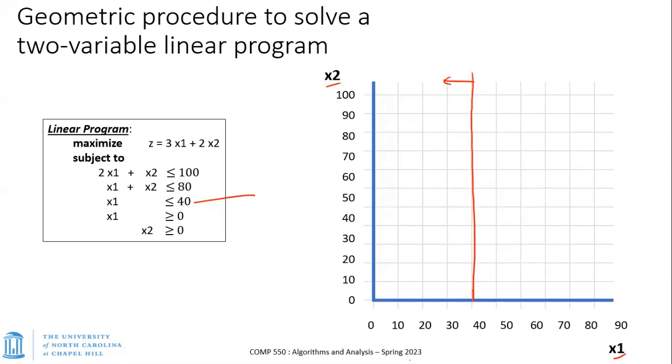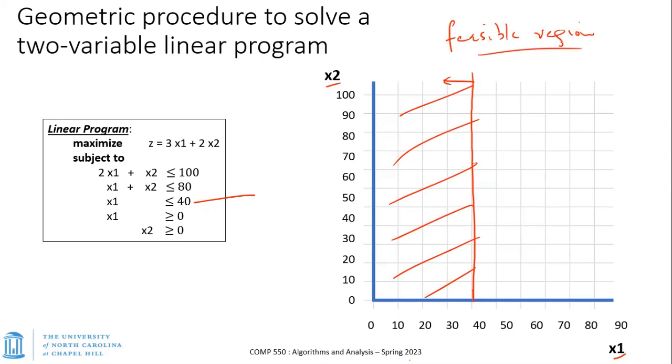Anything where X1 is less than or equal to 40, this entire region, is going to be an acceptable solution. And this is generally referred to as a feasible solution, feasible region.